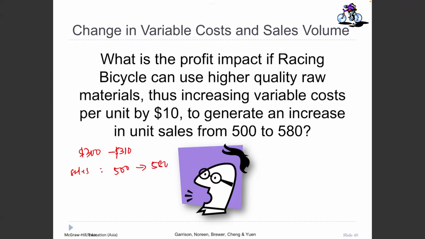Okay, so how would that impact your profit? As you can see here, only the variable cost is changed, but for the fixed cost there is no information, so we assume that the fixed cost remains at $80,000.